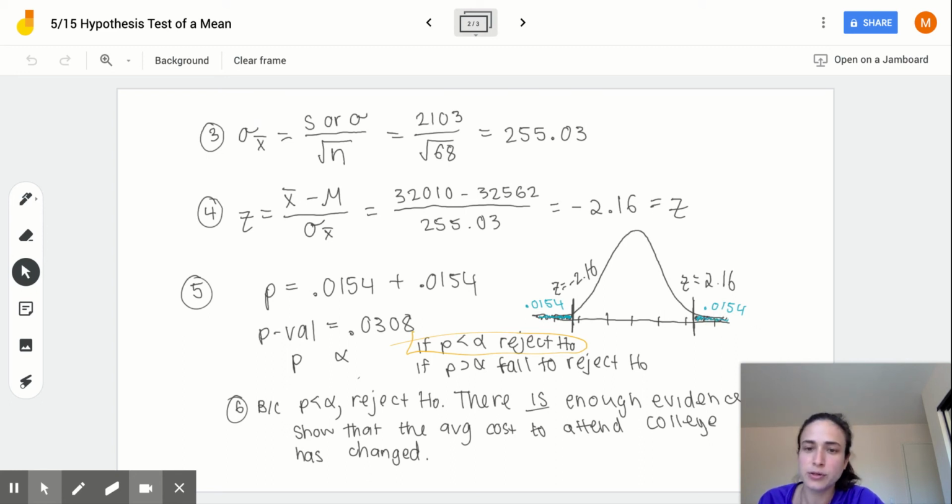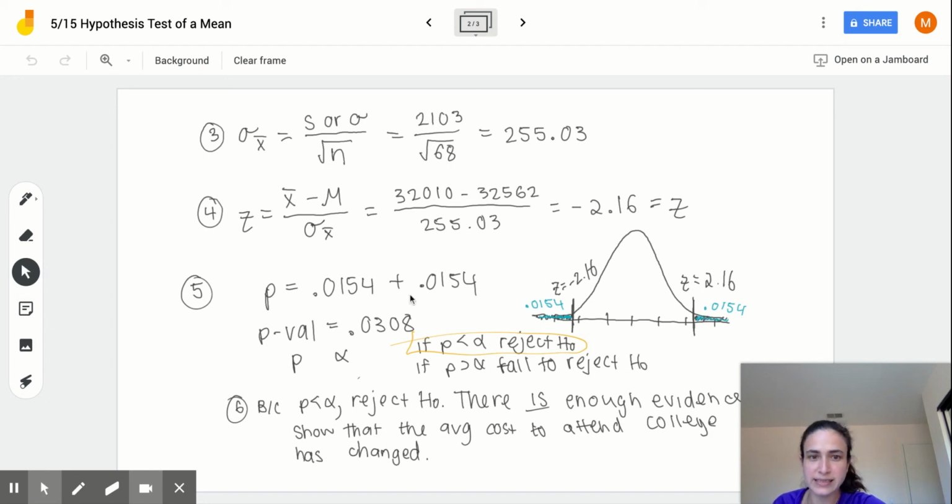However, you also know that this normal curve is symmetric. So therefore, if this is 0.0154, this side should be exactly the same because of geometry and symmetry. They have to have the same area. So to find the total shaded area, I need to take this and add it with this, because they're both shaded. So to get the total amount, you would just add them together.